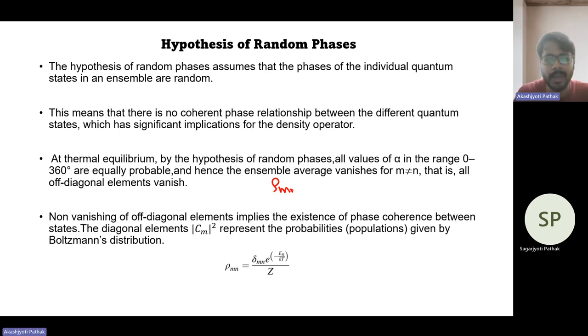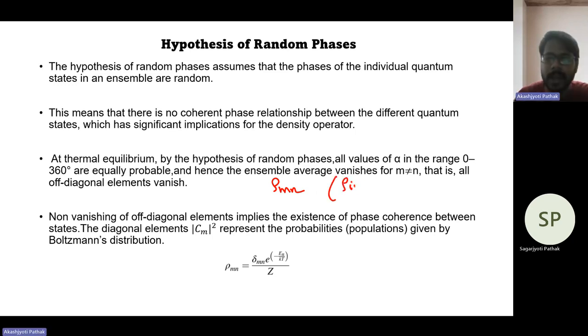So we were looking at rho mn. When m is not equal to n, in thermal equilibrium, the off-diagonal elements become zero. That is what they are saying here: the ensemble average vanishes for m not equal to n.